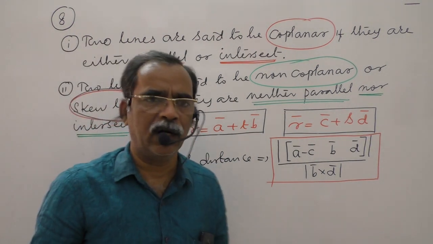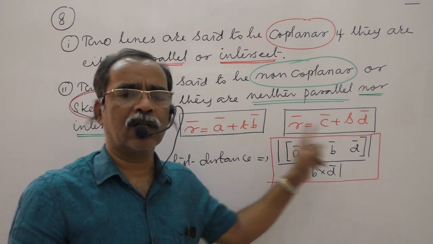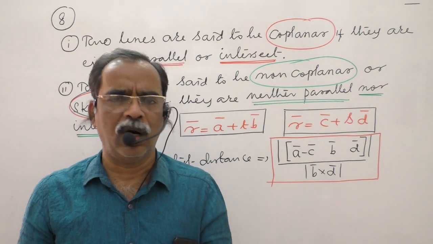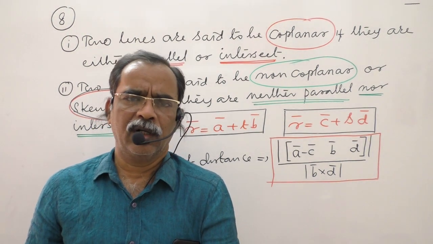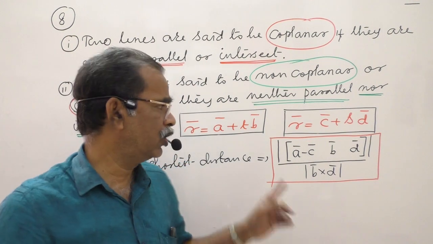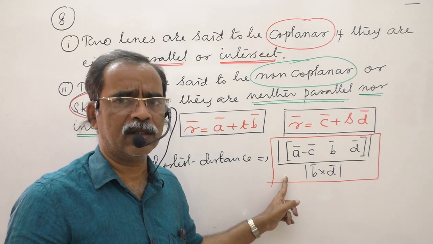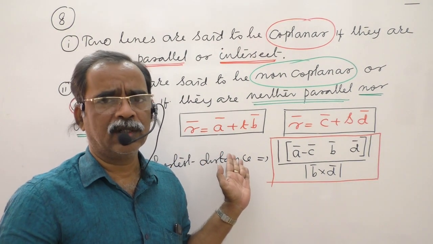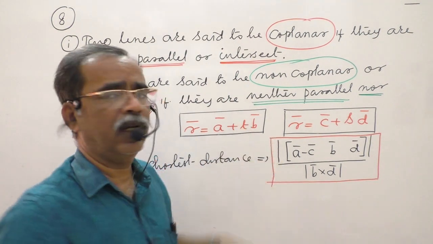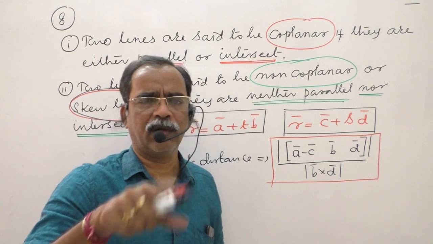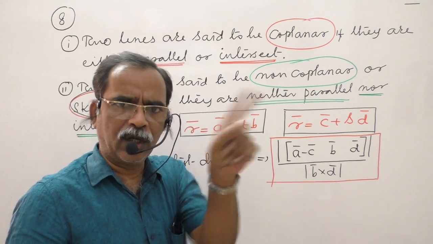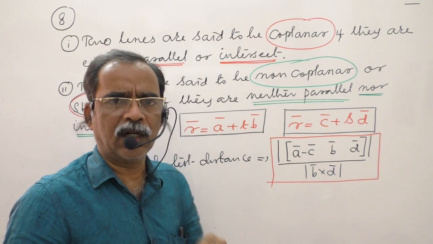This can be applied when the equations of skew lines are given in the vector system, or even in the Cartesian system. How do we find this? Very simple. If Cartesian equations are given, they will be of the form x minus x1 by a, like that. Easily you can pick a point from the numerators, x1, y1, z1.